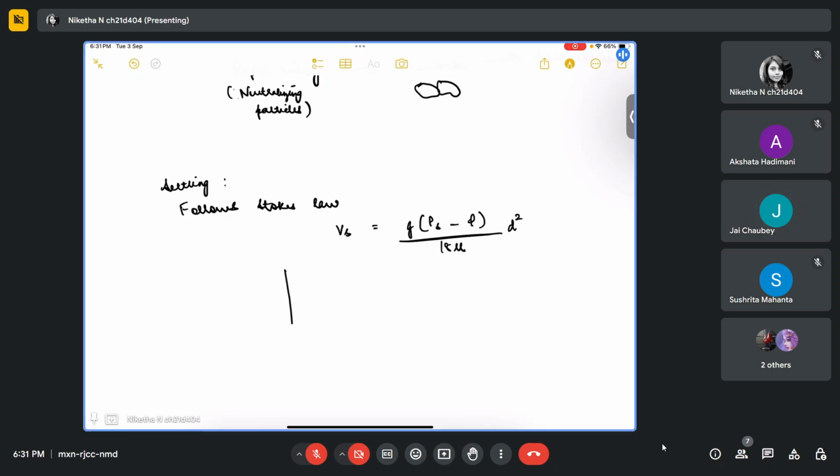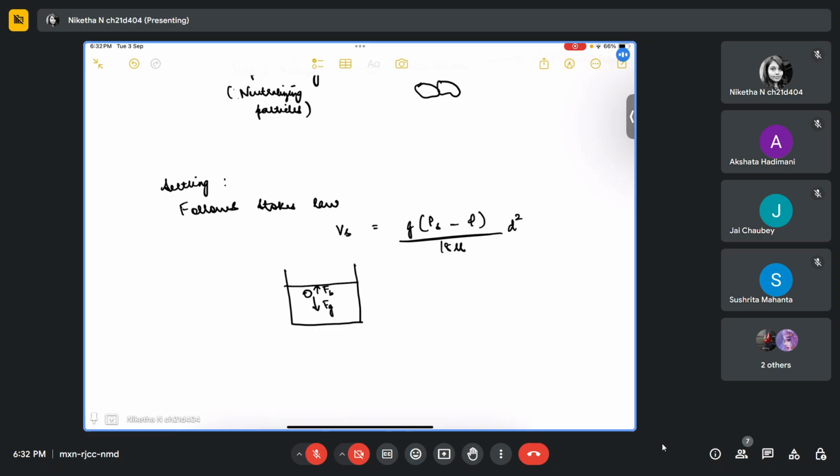So generally, when you have a particle that is supposed to settle down, because of its own weight there will be the force of gravity acting downwards, and then there is also the buoyant force.